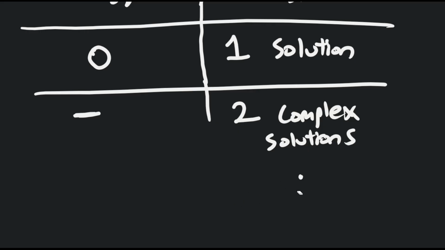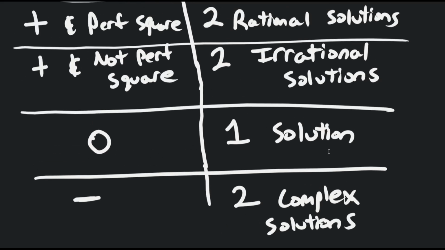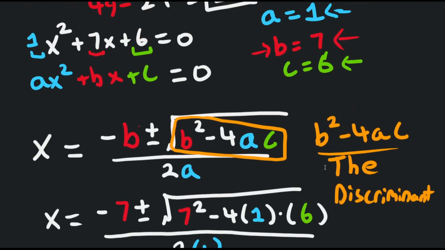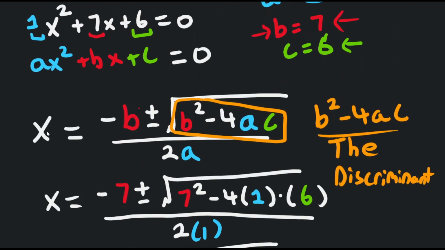And let's take a look at why that is if we scroll up to the quadratic formula right here. So x equals negative b plus minus square root of b squared minus 4ac. So b squared minus 4ac is the radicand right here. It's underneath this radical, this square root.